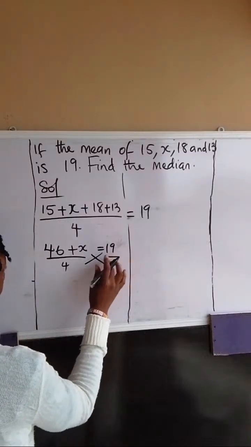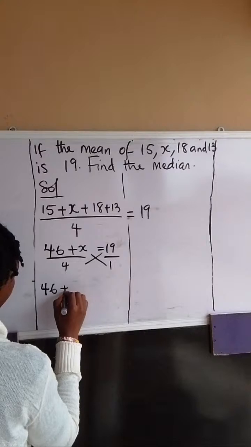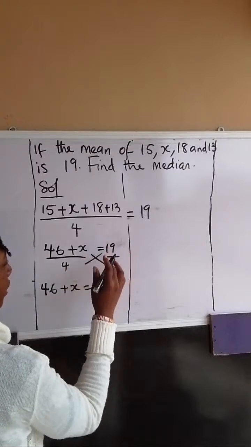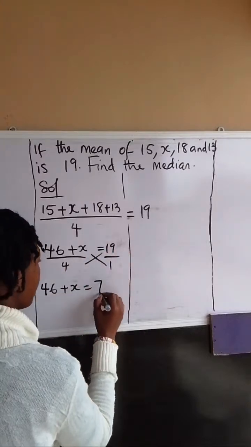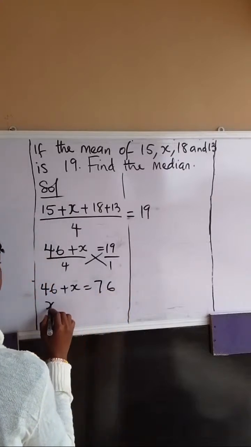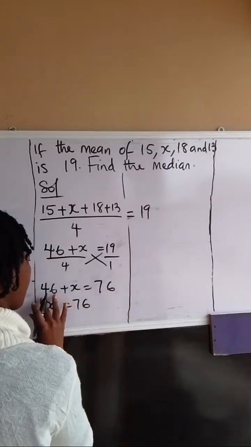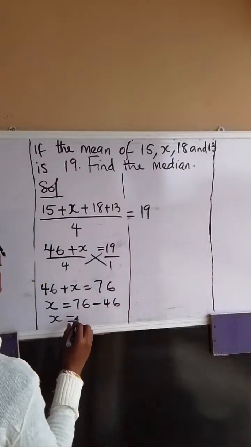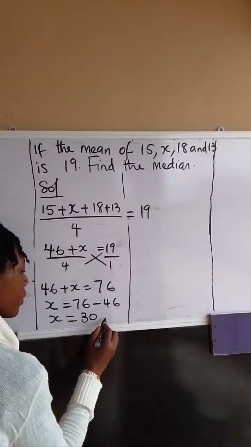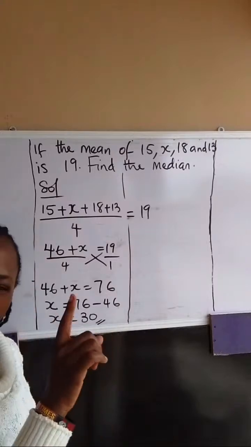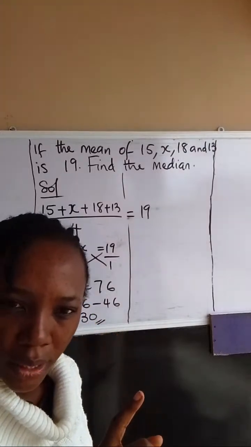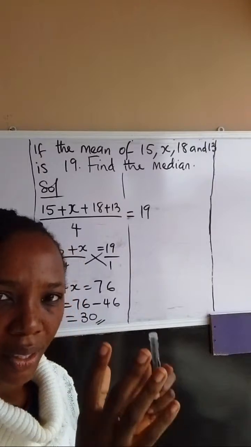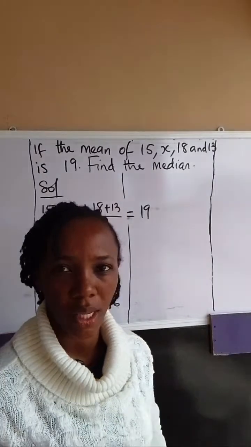So we have 46 plus x equals 4 times 19, that will give us 76. So we collect like terms: 76 minus 46, and when we subtract, we have x to be 30. So that's the first thing we needed to get. Mean is just the average, exactly.